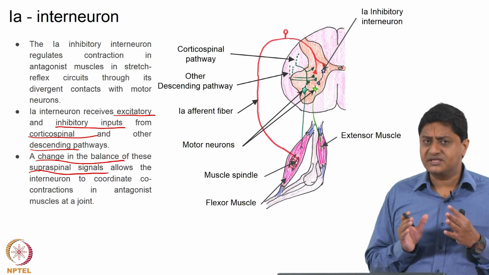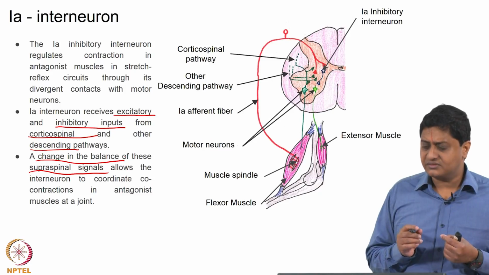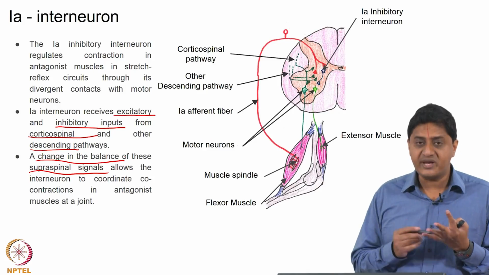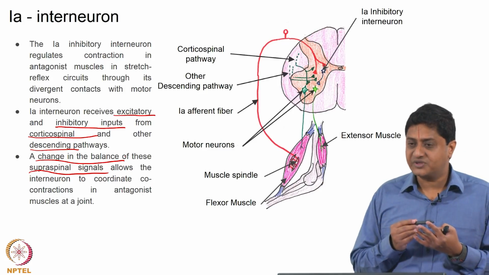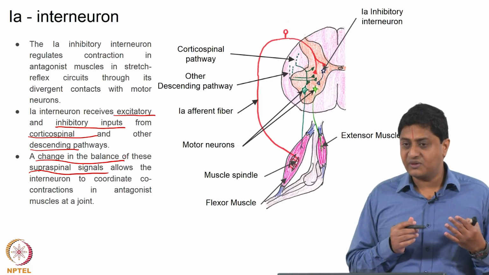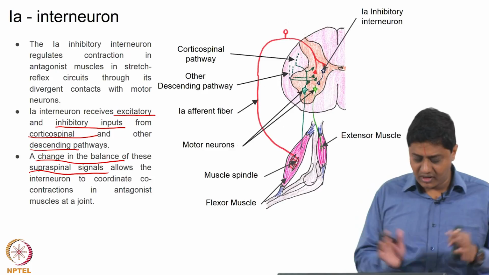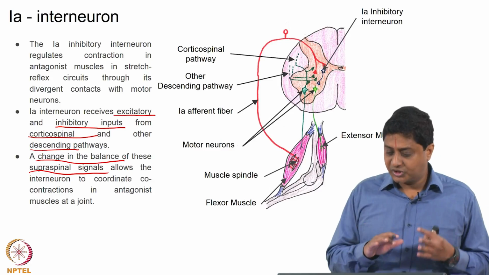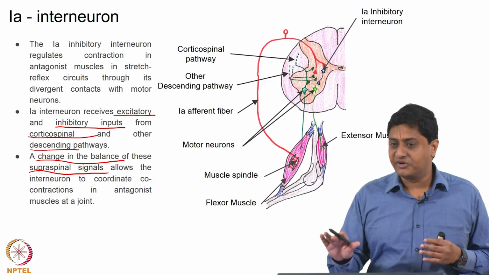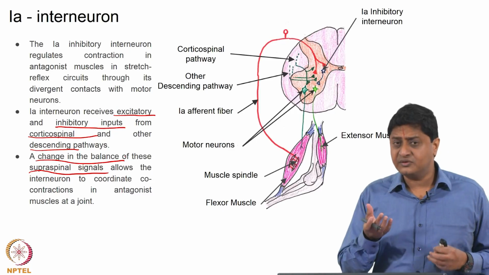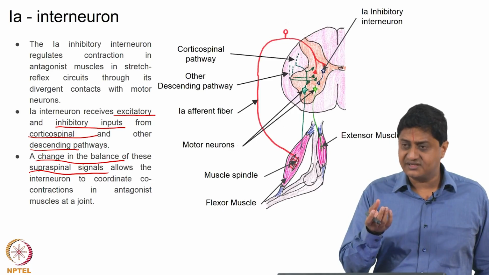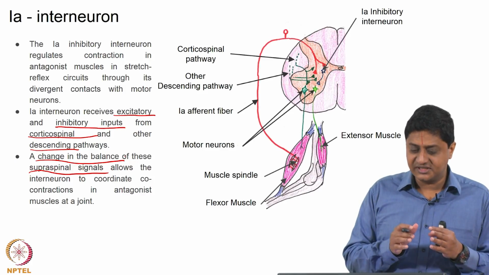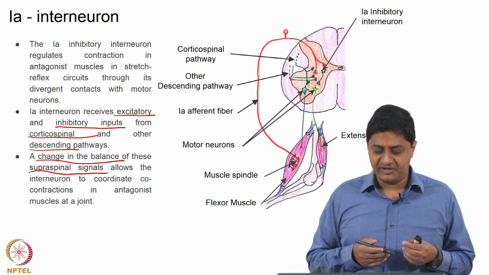So, coordination happens through the balance of multiple pathways: from the 1A afferent, from Renshaw cells, from corticospinal pathways, and let us also remember the monoaminergic inputs from the brainstem that we discussed some time ago. By the way, monoaminergic inputs go to the motor neuronal pool, but the motor neuronal pool itself is inhibited by 1A inhibitory interneurons. So, a balance is reached, and depending on where the equilibrium settles at a given point in time, the response will be determined.